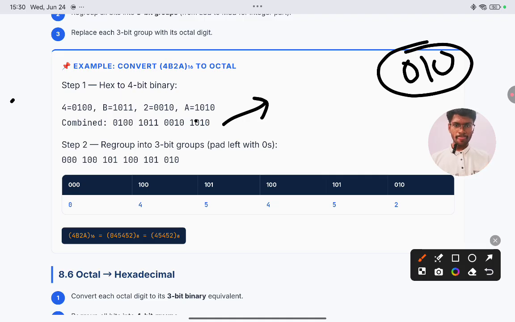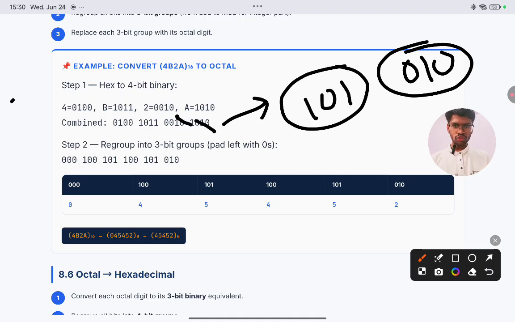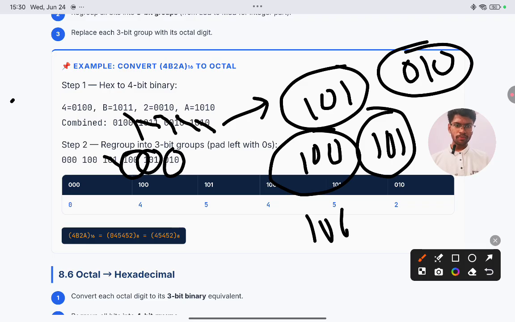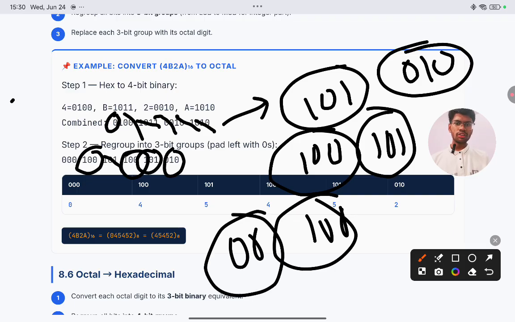Chop it up, then 101 is one triplet, 100 is one triplet, 101 is one triplet, 100 you got. Only 0 is left here, so add leading zeros to make it 000.